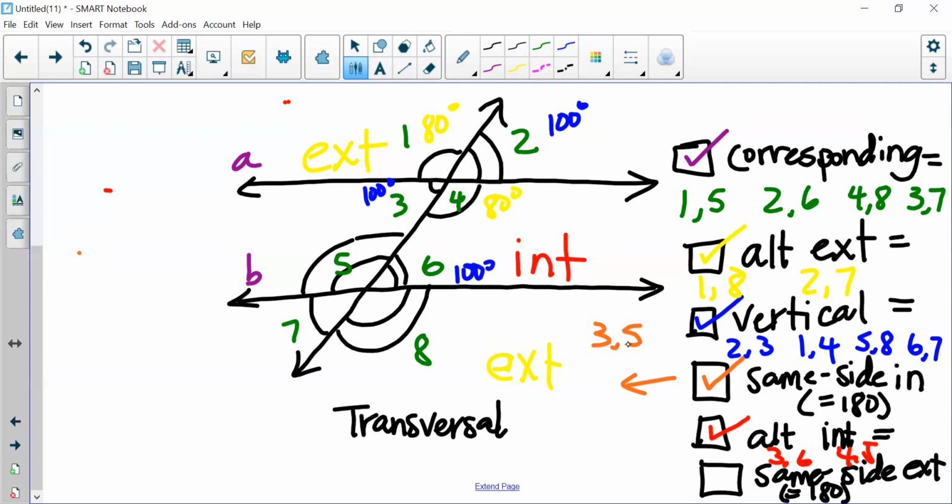What angle is same side interior to angle 6? Okay. The sum of same side interior angles always equals 180 degrees. Okay. There is no magic to that. The reason that they always equal 180 degrees is because, y'all, look, what type of line are angle 3 and angle 5 on?